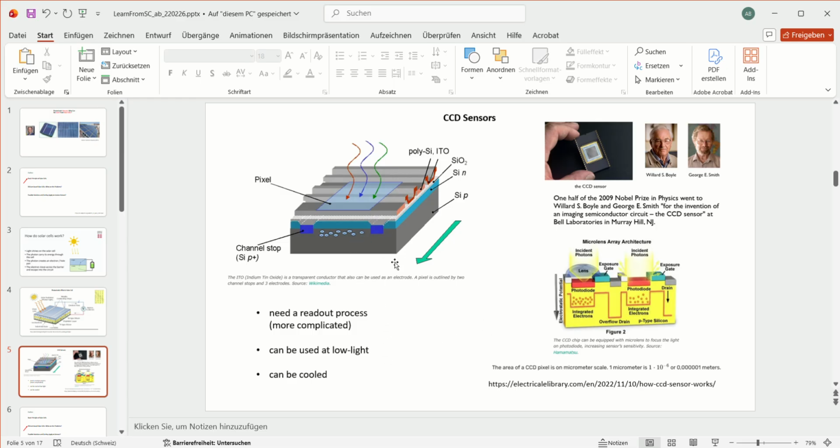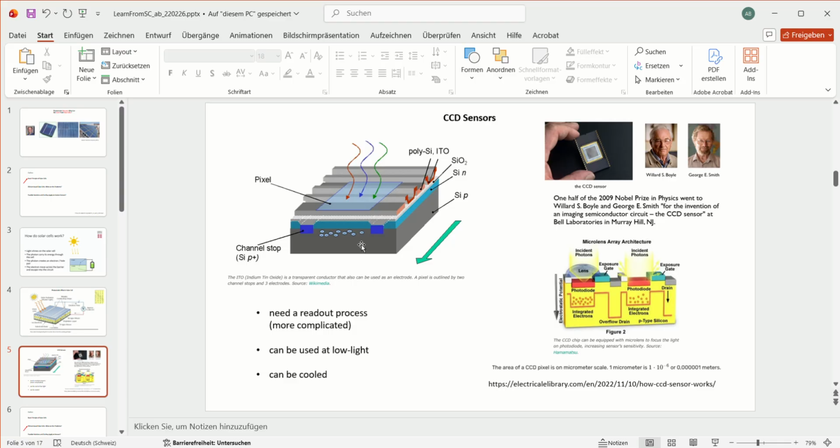But speaking about the mechanism that translates photons into electrons, they're actually quite similar anyway. CCD sensors also can be used at low light, which is not something solar cells are built for, and they can be cooled, which reduces thermal noise.